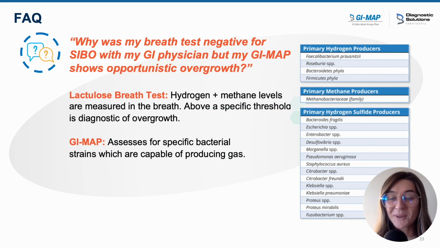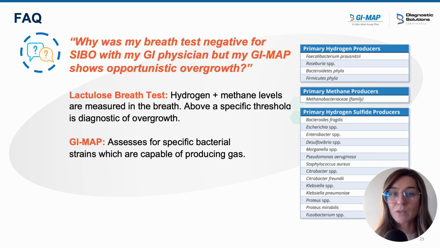Moving on, another question that I get quite frequently is, why was my breath test negative for SIBO with my GI physician, but my GI map shows opportunistic overgrowth? Okay, so I think it's important first and foremost that we establish that the GI map cannot confirm or diagnose SIBO.